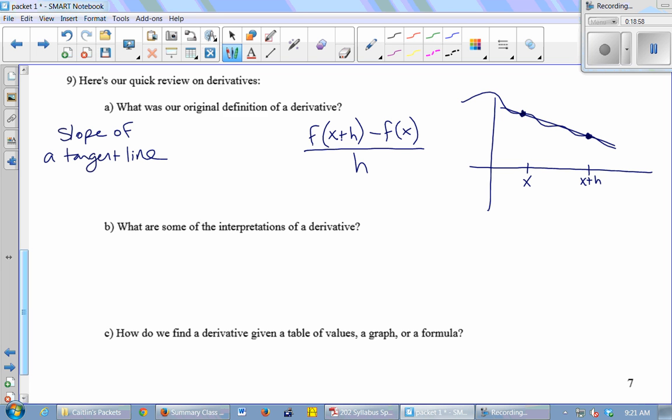It's the slope of that secant line. But then what we do is we let h go to 0. We let these 2 points get closer and closer to each other, and that secant line becomes closer and closer to a tangent line at x. So this was our definition.